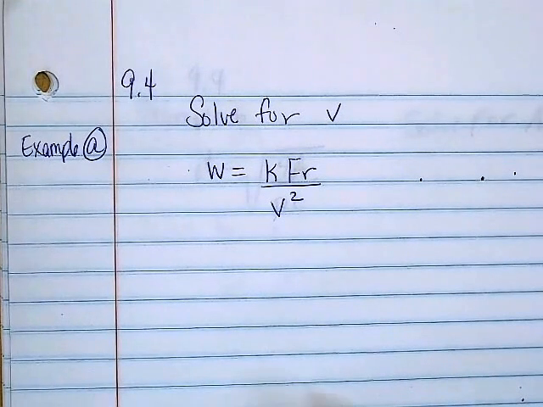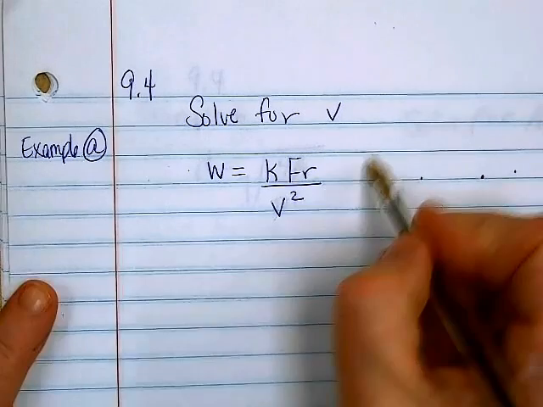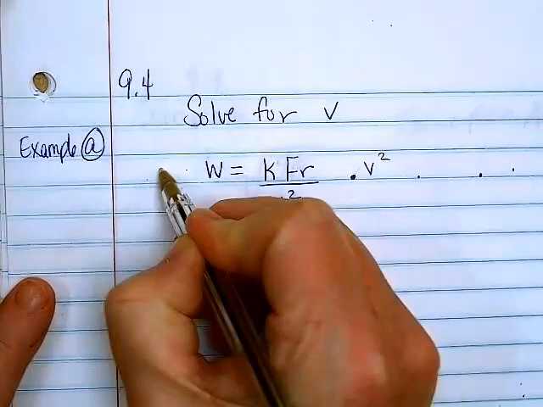First of all, we're going to solve for V in this problem, which means that we are going to eliminate from that side everything else. So the first thing I want to do is get V out of the denominator. So I'm going to multiply by V squared on both sides.